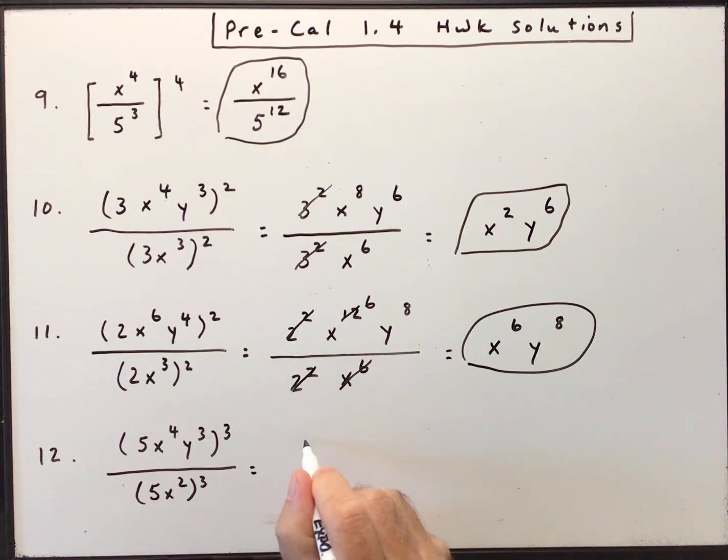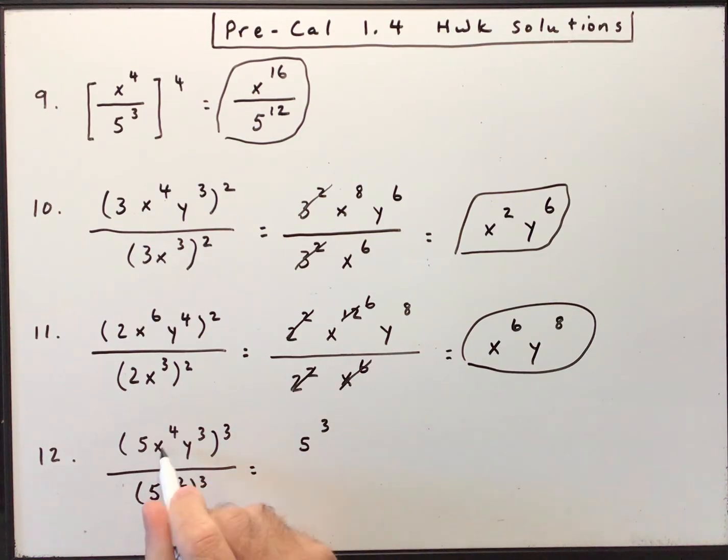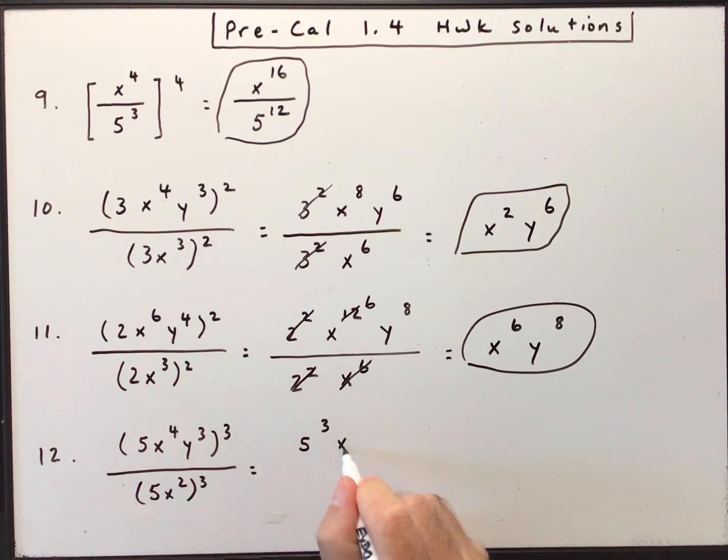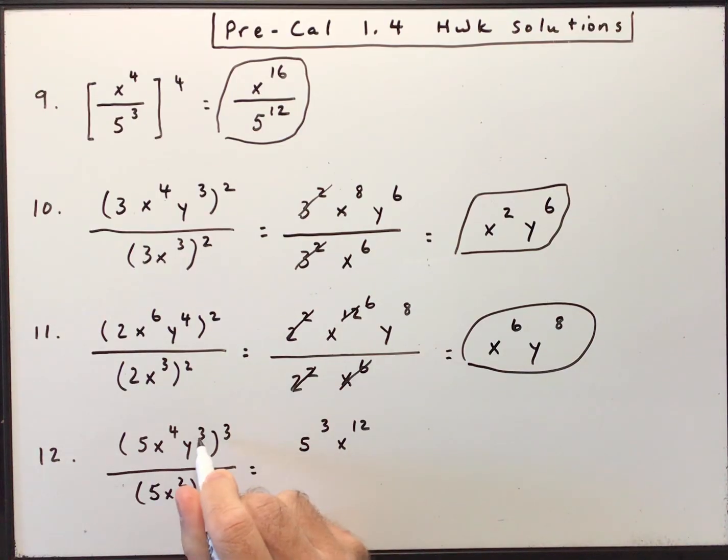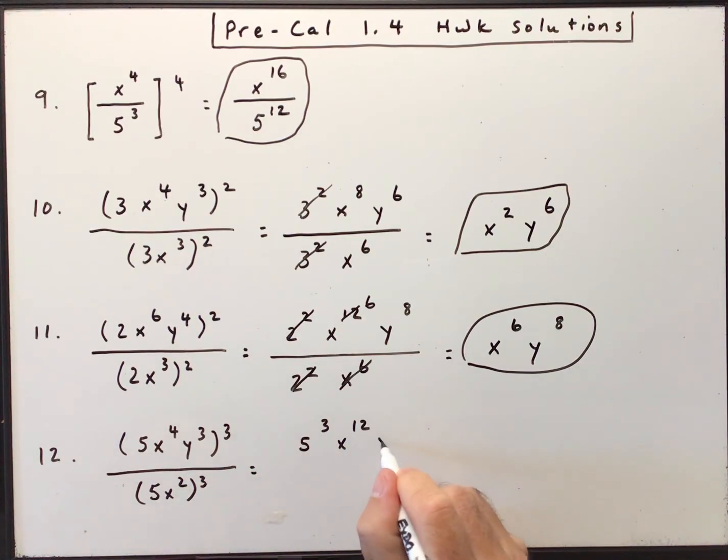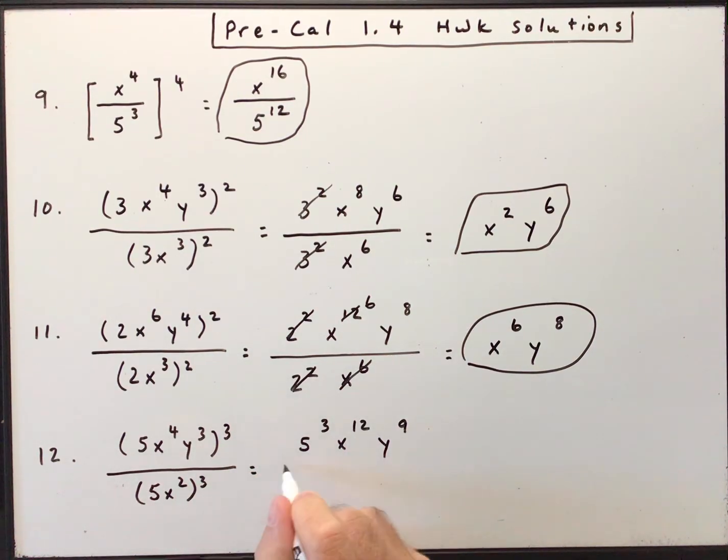Okay, so we'd have 5 cubed. x to the 4th cubed would be x to the 12th. y cubed cubed would be y to the 9th. Then 5 cubed. x squared cubed would be x to the 6th.